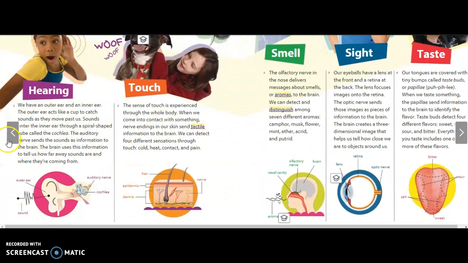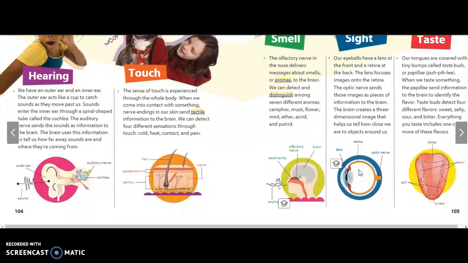So this section's main idea is hearing. This section's main idea is about touch. This one's for smell, sight, and taste. Down here, we have multiple diagrams. Actually, we have a cutaway, cutaway, cutaway, cutaway, and then a diagram.